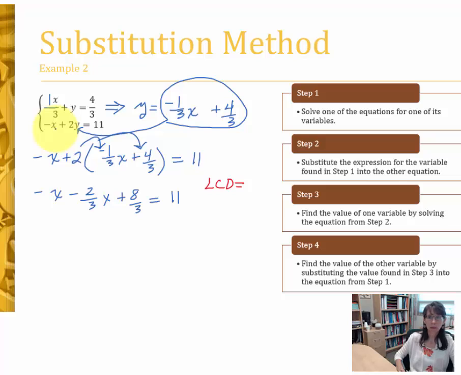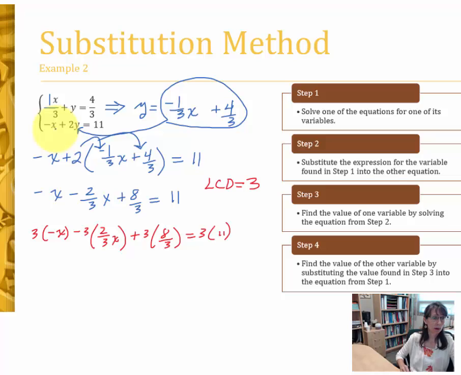Since both of these denominators are 3, 3 must be the lowest common denominator. So we're going to multiply every term in our equation by 3. 3 times negative x minus 3 times 2/3 x plus 3 times 8/3 equals 3 times 11.